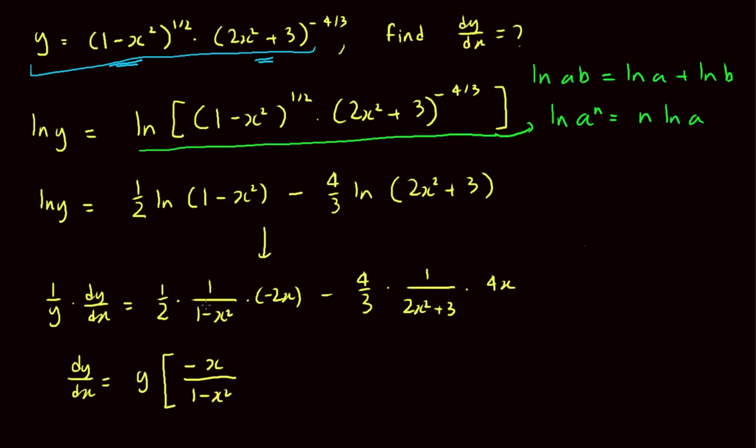Because the 1 over 2 takes out the 2, so it becomes 1. That's why we end up having negative x over (1 minus x squared), and then minus 16x over 3(2x squared plus 3). Actually, never mind, we'll just leave it as it is.